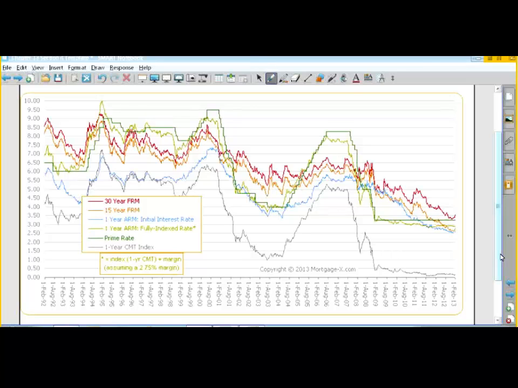The prime rate is usually set by the government to try to either jumpstart the economy or to minimize inflation. Sometimes those are competing factors. And a one-year CMT index, I don't know what that stands for. Okay, but anyway, you can see the fluctuations.